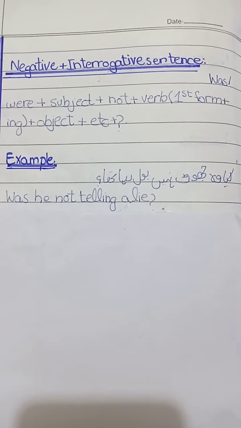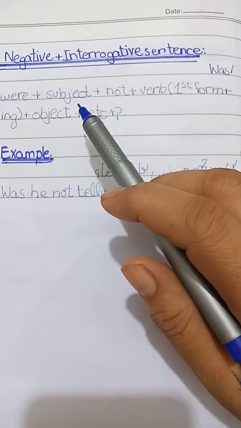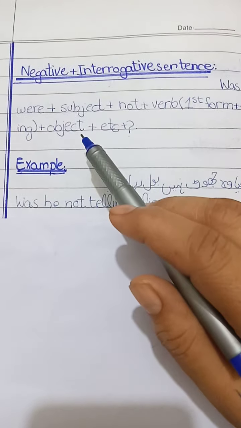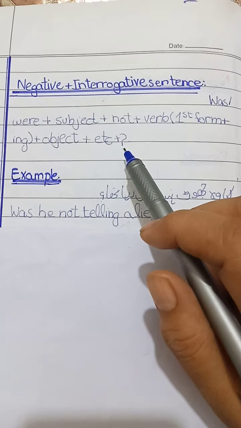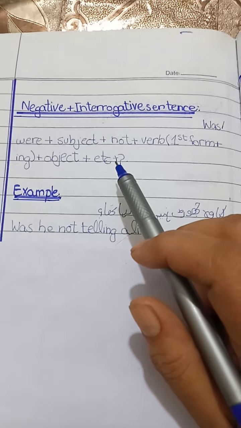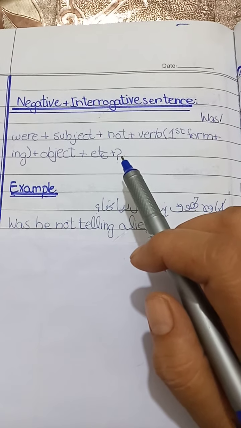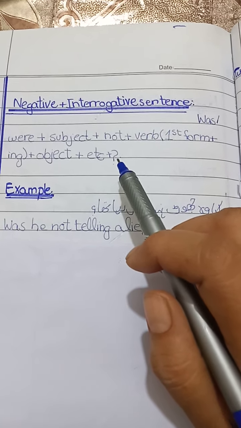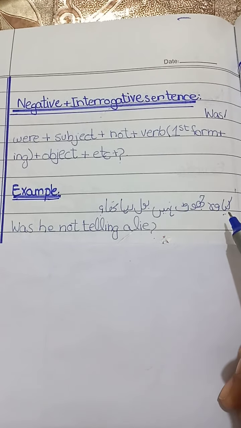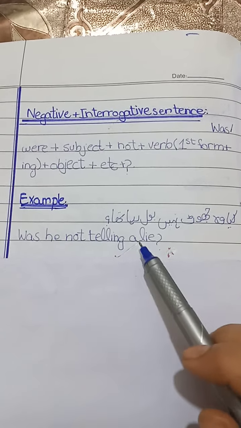So the formation of negative interrogative sentences will be, first of all we will use was and were, then subject, then not, then first form of verb with ing, then comes object, and then at the end if there is any other detail we will write it out. And the most important thing is that whenever we translate interrogative or negative interrogative sentences, we put a question mark at the end of the sentence. Another example is क्या वो झूठ नहीं बोल रहा था? Was he not telling a lie?